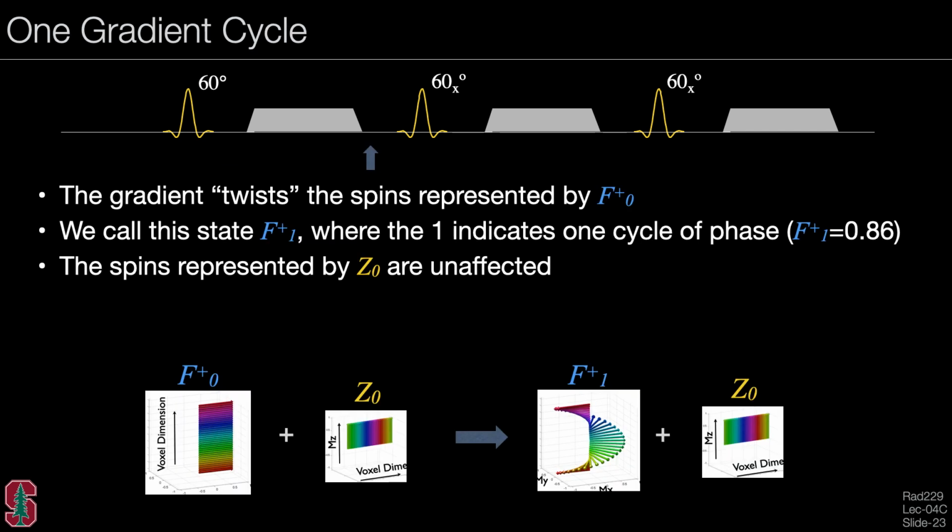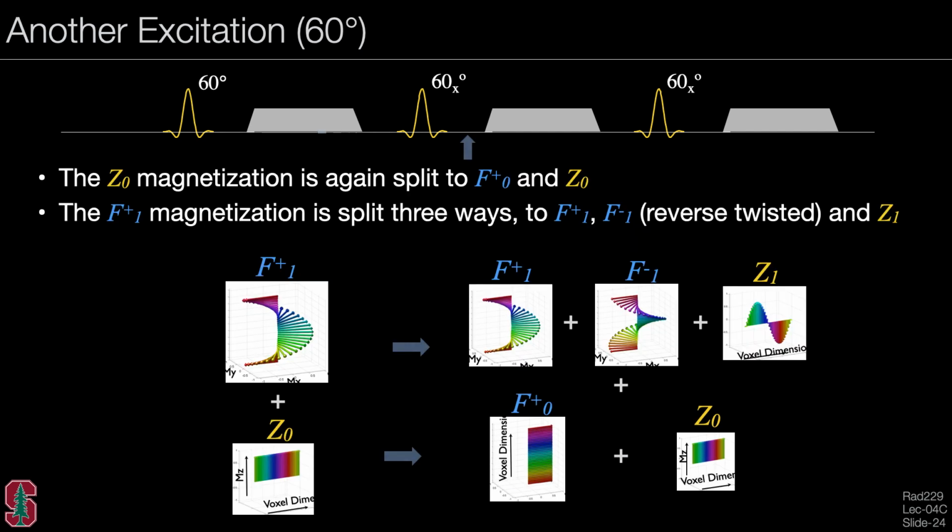After the first gradient, we've now gone from everything being fully in phase to an F plus sub 1 state, but of course we still have some longitudinal magnetization here, and these are unaffected by the gradient. We play another RF pulse, and what this does is it again splits the longitudinal magnetization into an F plus sub 0, or excited magnetization, and some residual longitudinal magnetization.